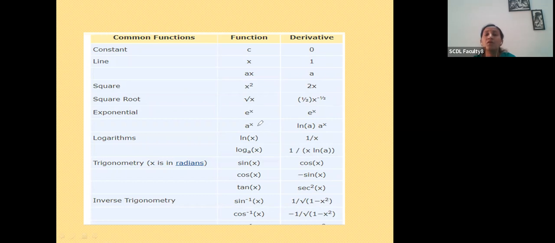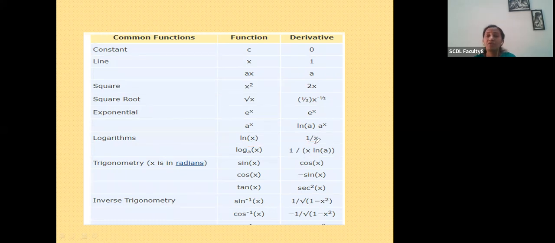When there is d by dx of a raised to x, it is equal to log a times a raised to x. Then in the logarithm, derivative of log x. Here we are saying e raised to x, so we write the same e raised to x. But when there is only one variable given, here you have to write 1 upon x.